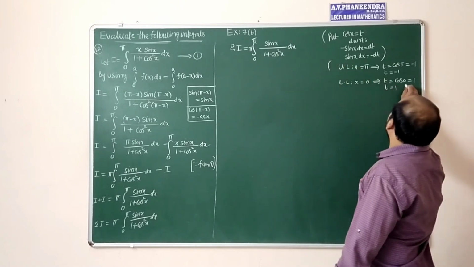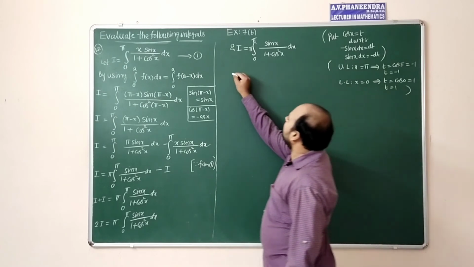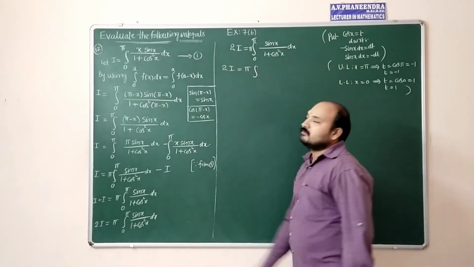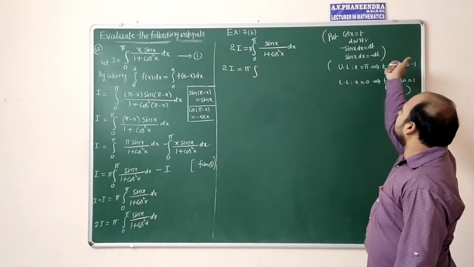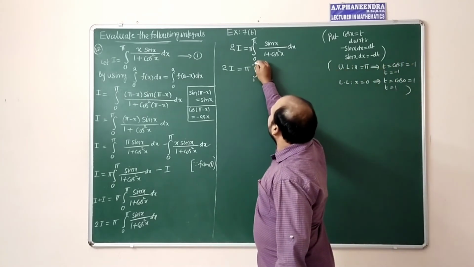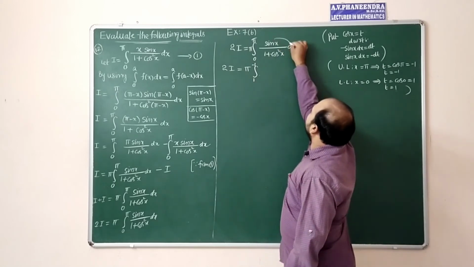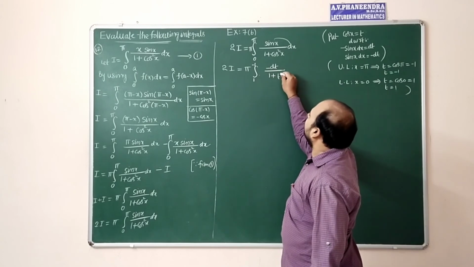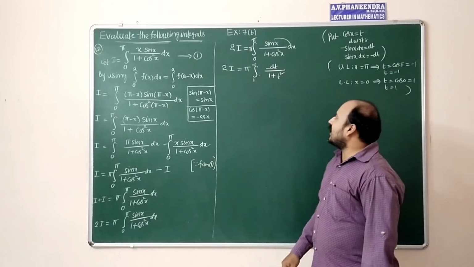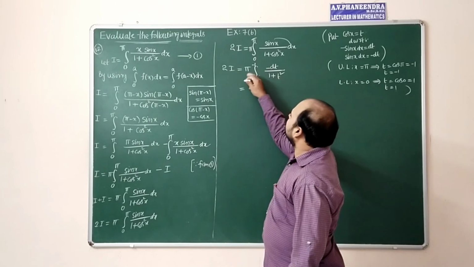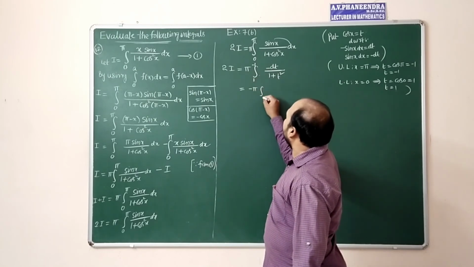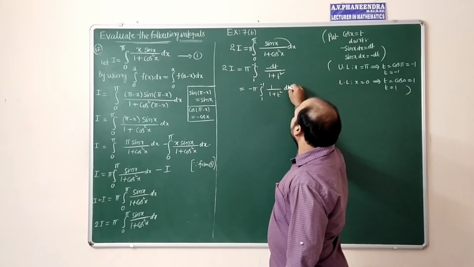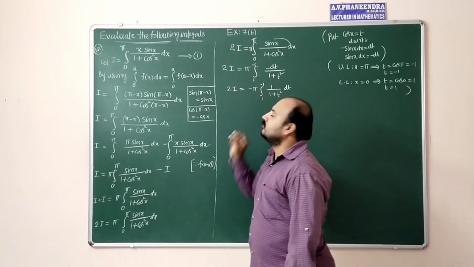This is about limits. Now this integral becomes 2I equal to pi into integral from 1 to minus 1, sin x dx value is minus dt divided by 1 plus t square. Which is equal to minus pi, taking the minus outside, into integral 1 to minus 1 of 1 by 1 plus t square dt.